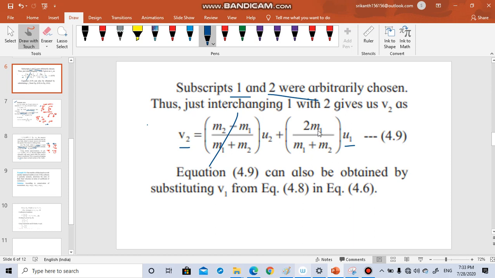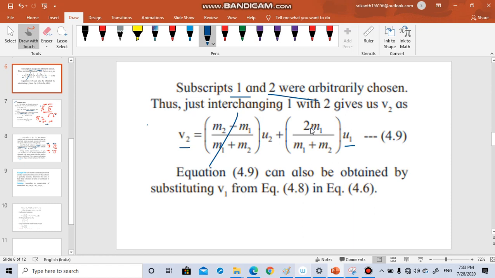Let us say the first mass is the small body. I am saying that m1 is very small compared with m2. What will happen to m1 divided by m1 plus m2? It is like 0.2 divided by 0.2 plus 25. It is a very small value.